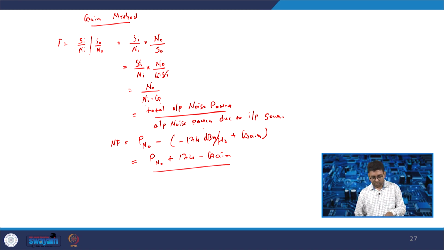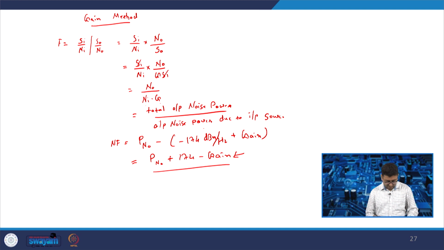What you need to do first is know the gain of your device under test. For finding the noise figure by this method, you should know beforehand the gain of your amplifier or system. If you know the gain, then only this method is useful. Once you know the gain, connect the noise source, a 50 ohm noise source, and find the output noise power in power spectral density on the spectrum analyzer.